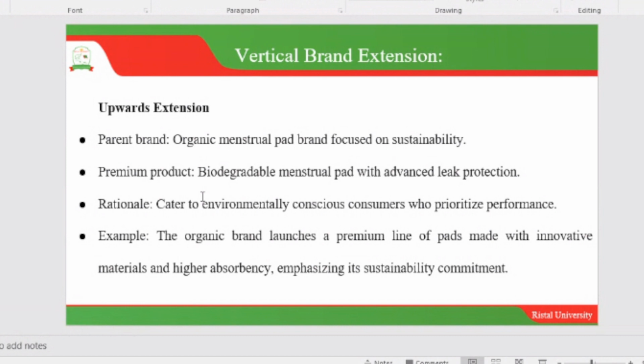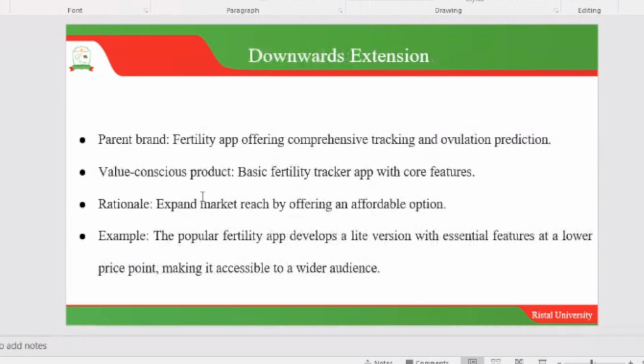The example is that the organic brand launches a premium line of pads, like I said earlier, made with innovative materials and high absorbency, emphasizing its sustainability. So here you are actually doing premium product upgrades.